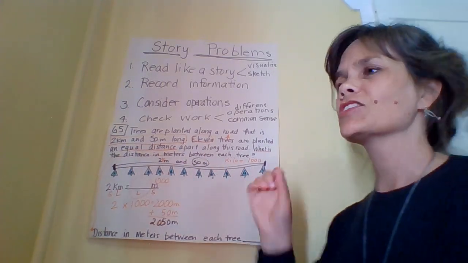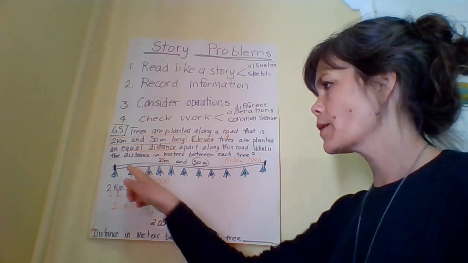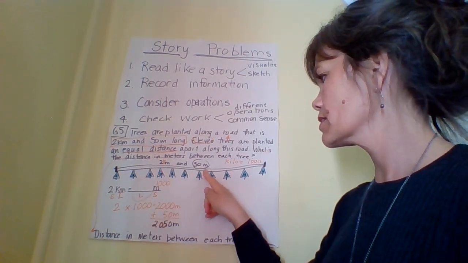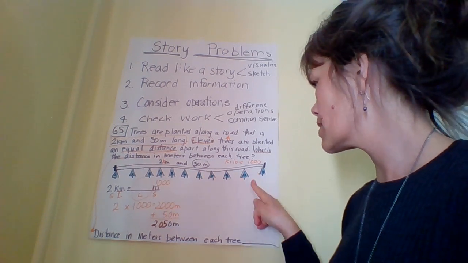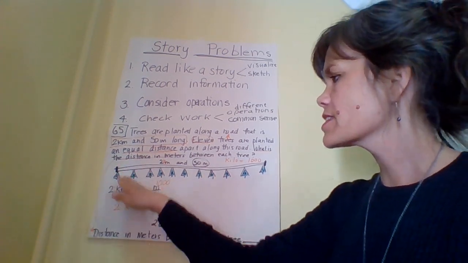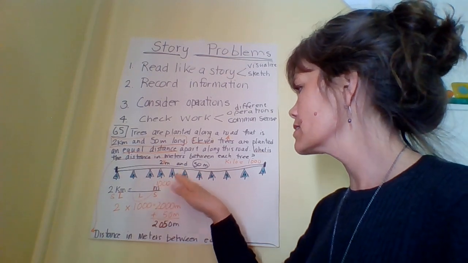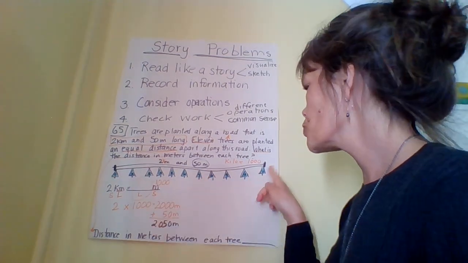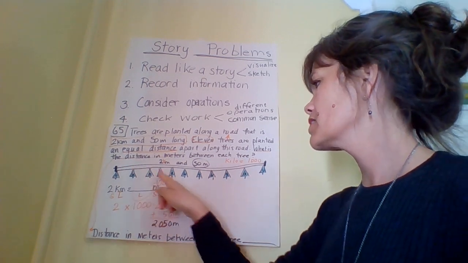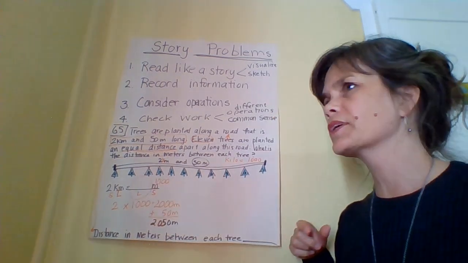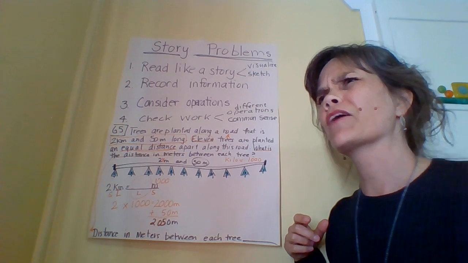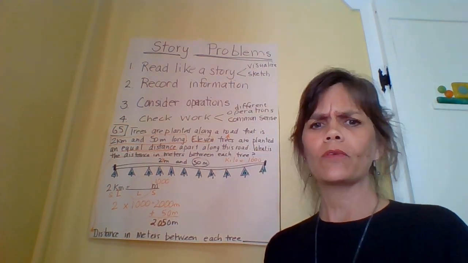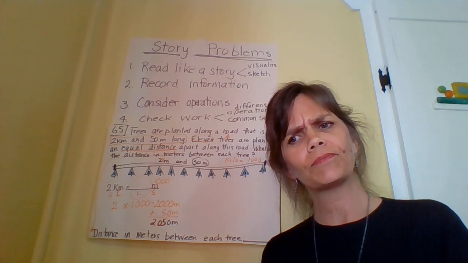And I like to just make sure, so I'm going to count 1, 2, 3, 4, 5, 6, 7, 8, 9, 10. So there's 10 distances that I am figuring out here. There's 11 trees, but there's 10 spaces in between the trees. And I'm thinking about that for a moment, thinking, do I divide by 10 or do I divide by 11?